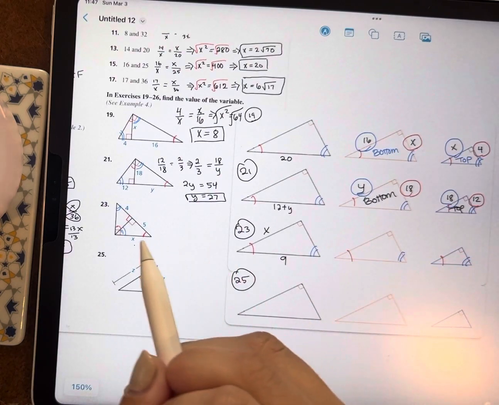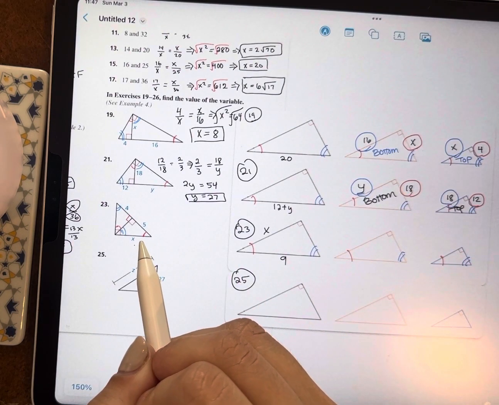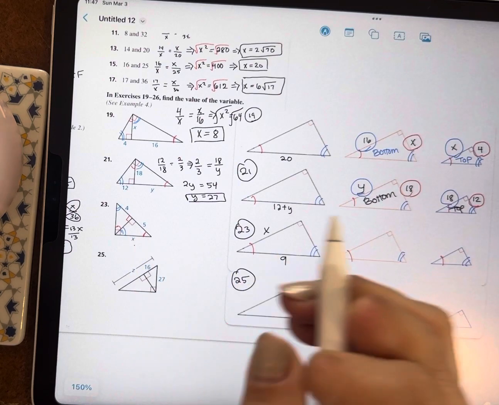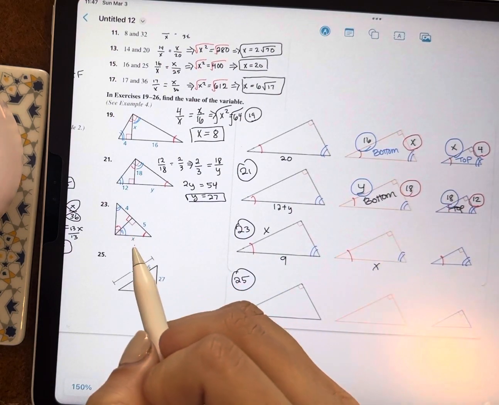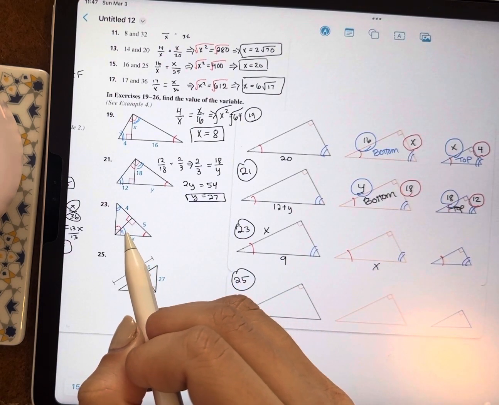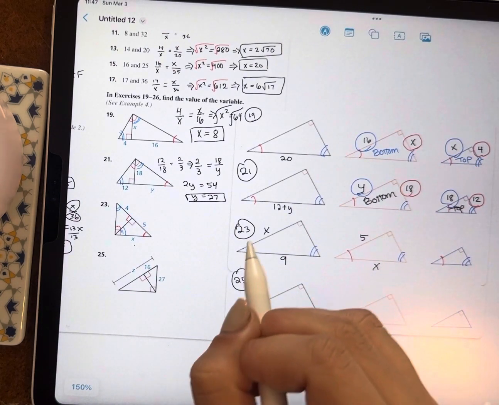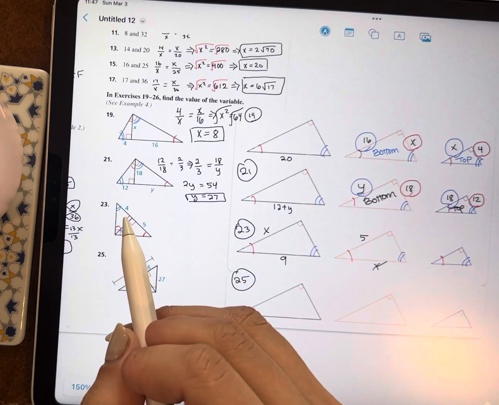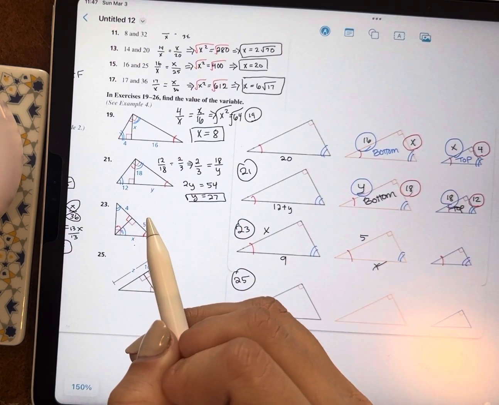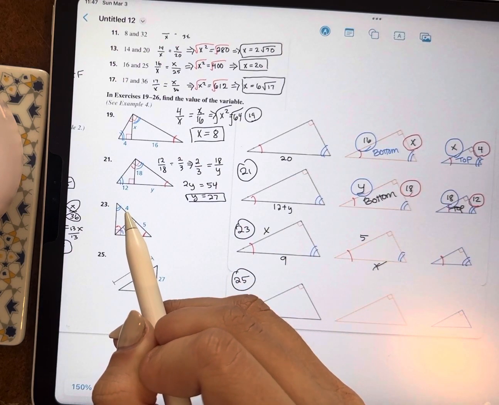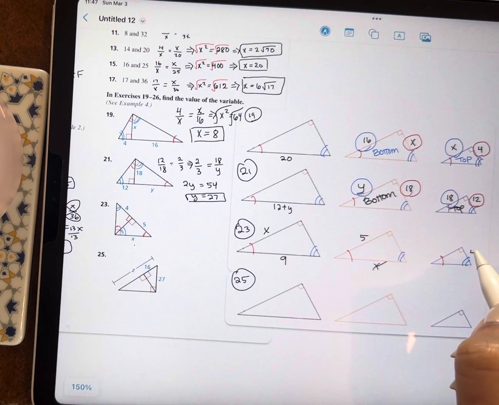Okay, now looking at one of these triangles, the hypotenuse is x. And then the side across the blue is 5. I can tell that I've got enough information already without doing this other one, but let's do it anyway. Across the red on that guy is 4.